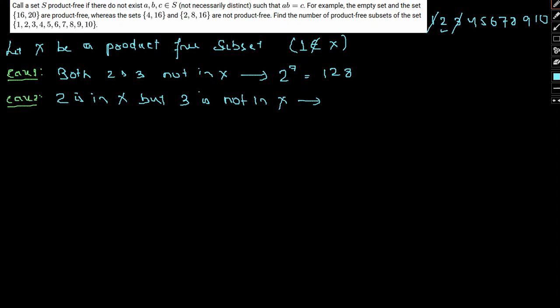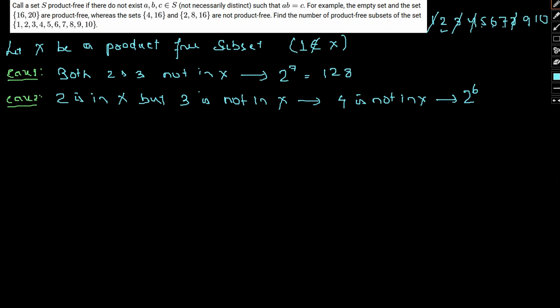So if 2 is in the set, then 4 is also not in the set, which would imply 4 is not in X. Okay, so 4 is also gone. And with that said, any multiple of 2 by 2 is a product, so therefore 8 will also be gone. So remaining, the total number of subsets will be 2 to the power 6.